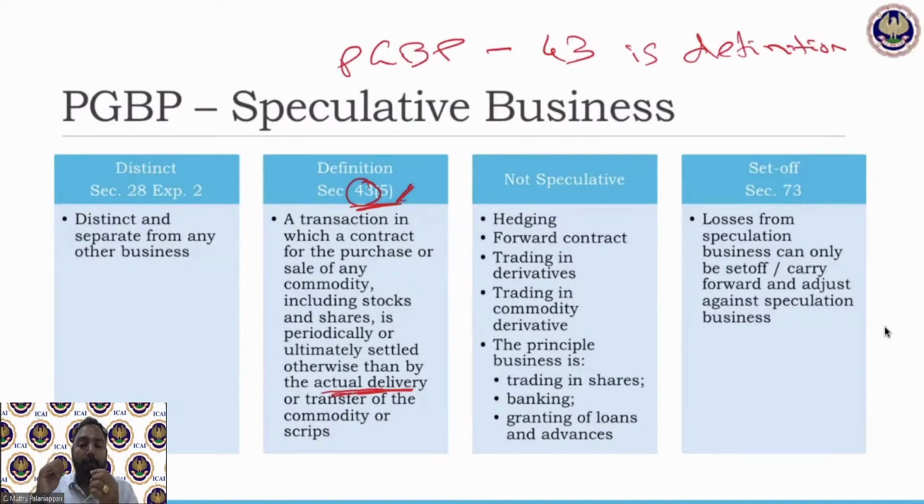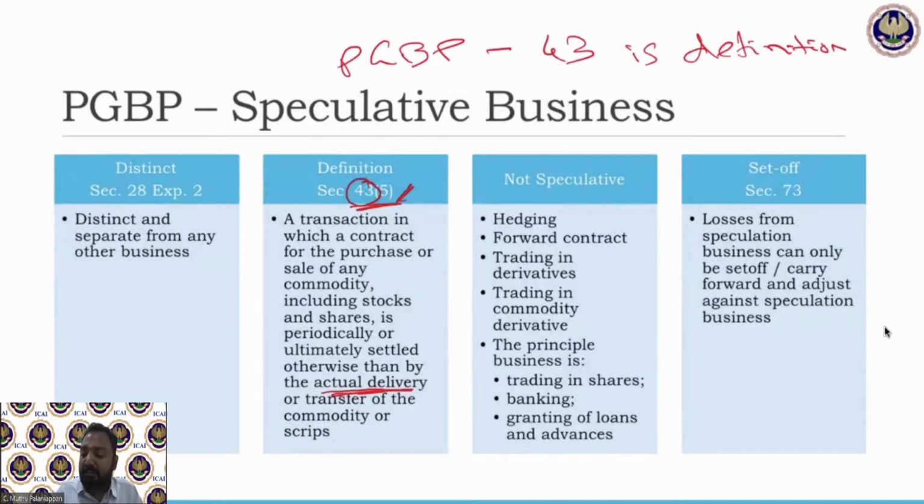So you're buying something, buying a security, a share or something, but you are not actually owner of that share. So typically, a speculation business is a business where there is no actual delivery. You don't own that. You have put money into that, but you don't own that. Please understand this. You have put money into that, but you don't own that share. So that is what you call it as speculation business.